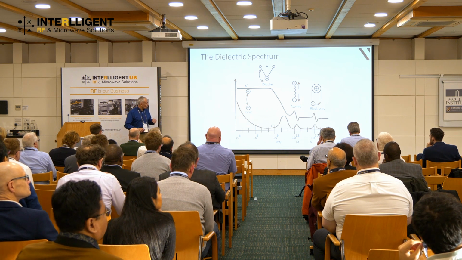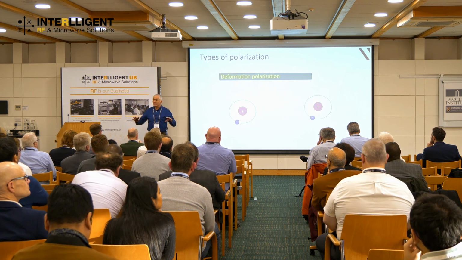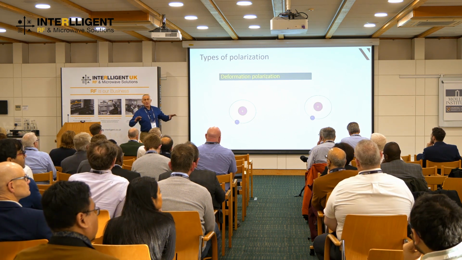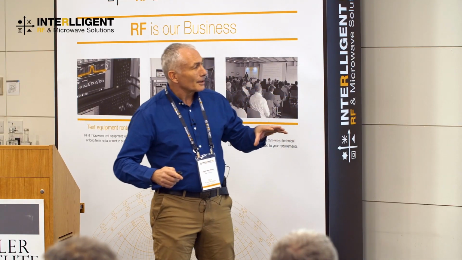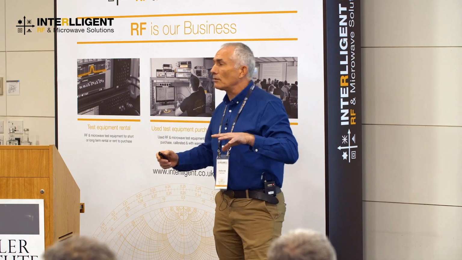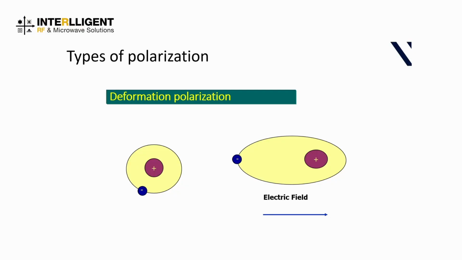So what do we see? Well, first of all, let's have a quick idea of what polarizations we have. Everything is going to be classical, no quantum stuff here. If I look at a deformation of an atom, put a strong enough field, then you're going to get a deformation of that atom. There'll be a separation of the centers of mass of negative charge and positive charge.